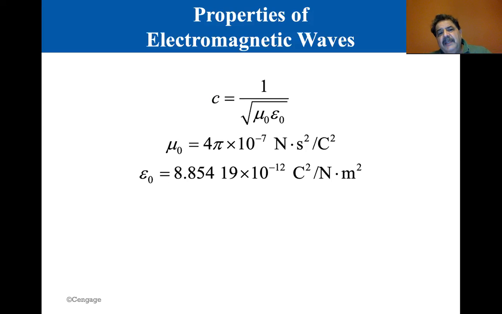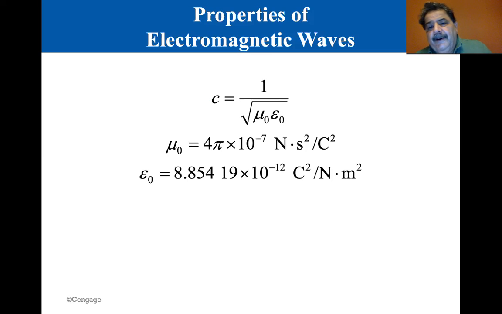Well, the speed of light is equal to 1 over the square root of mu sub 0 epsilon sub 0, where mu sub 0 is 4 pi times 10 to the minus 7 Newton second squared per Coulomb squared, and the permittivity is 8.85419 times 10 to the minus 12 Coulomb squared over Newton meter squared.